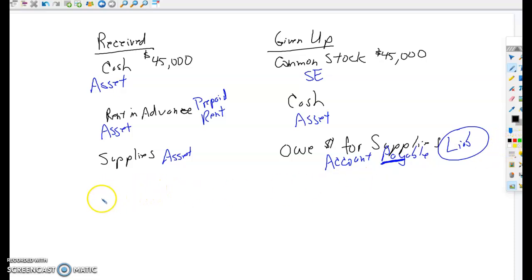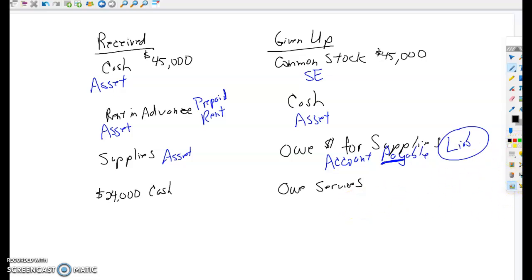What did we get? Well, we actually got $24,000 cash, which is money we're going to deposit in the bank. What did we give up? We have not provided services yet. We owe services. We promise to provide services in the future.